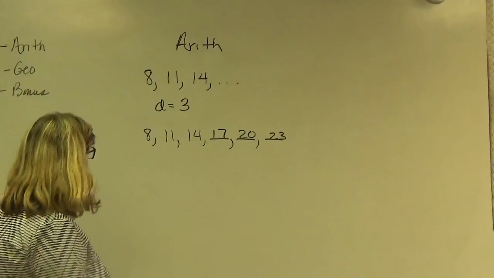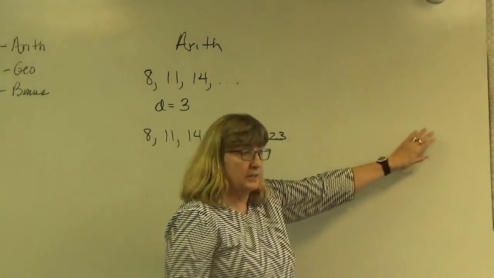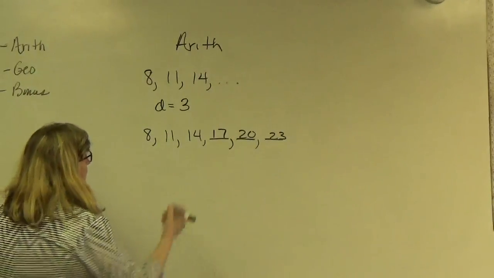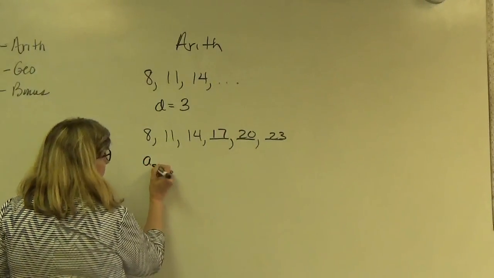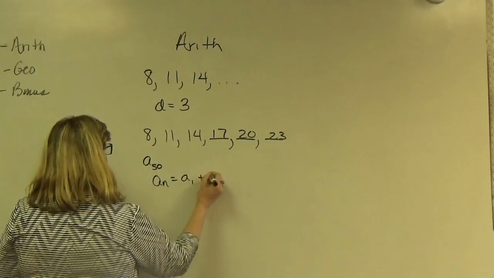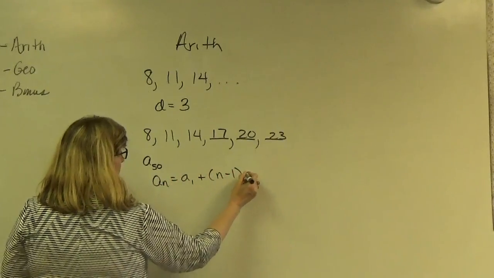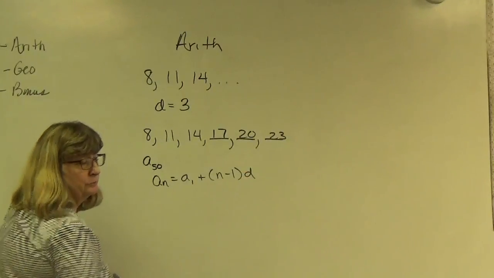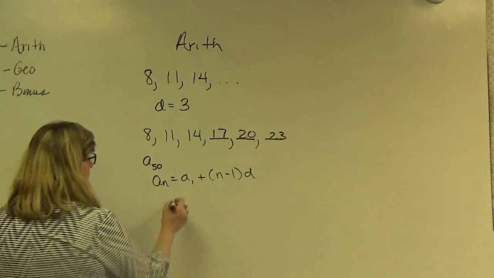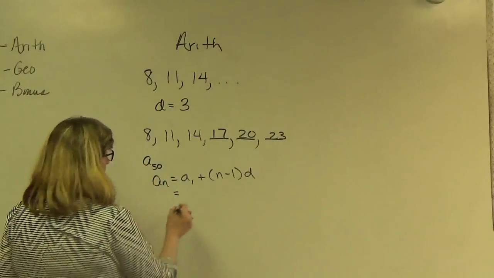If I asked you to find the 50th term, couldn't I just keep on going until I got to the 50th one? But it is a lot easier if I say now find the 50th term, if I use the formula, a sub n equals the first term plus the number of terms minus 1 times the difference. Okay, so what's my first term in this sequence? 8.